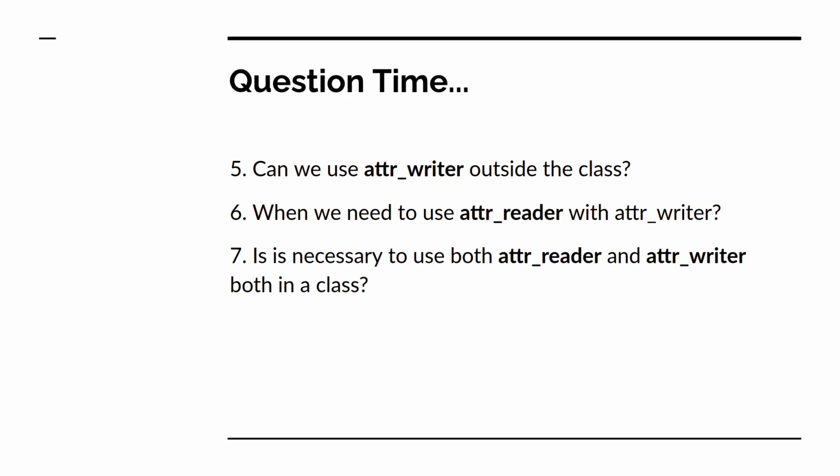We only need it if we want to use getter methods, or get the values of attributes. Is it necessary to use both attribute reader and attribute writer in a class? It depends, as in question number 6. If you want to set the values and get the values of instance variables or instance attributes, then you have to use both, else you don't.